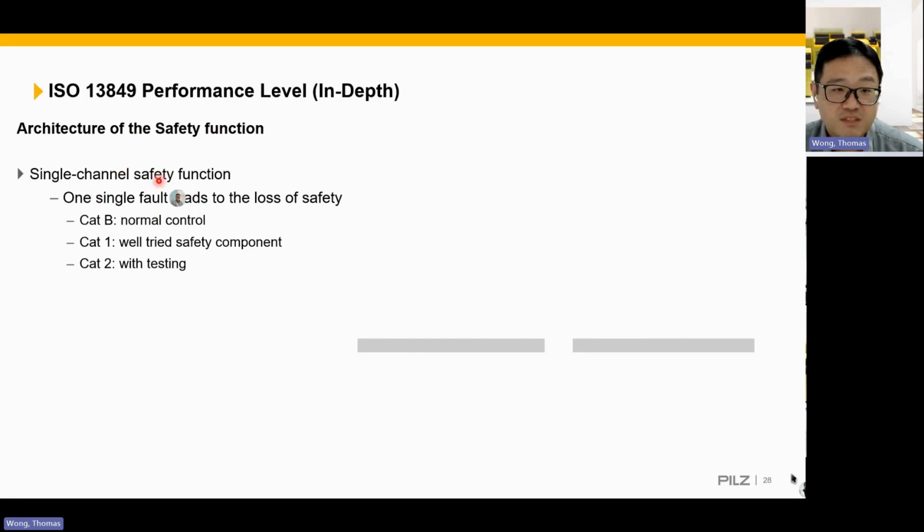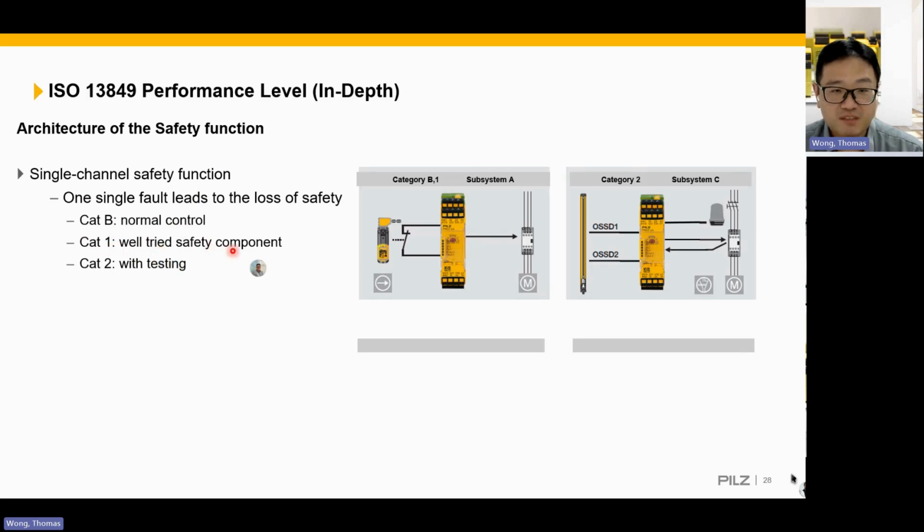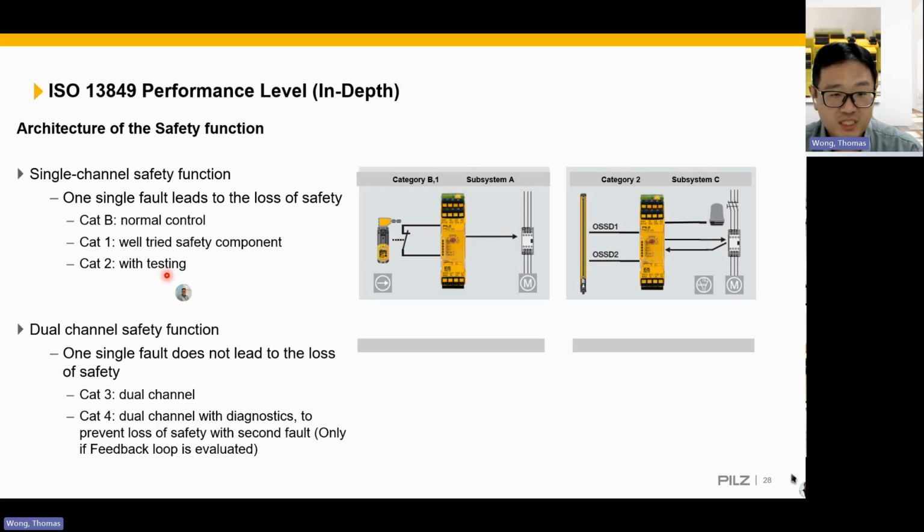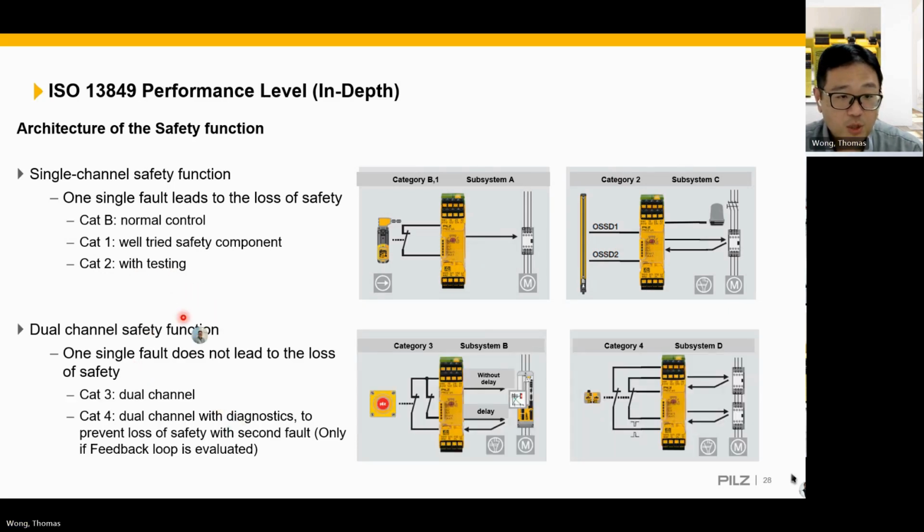For single channel safety functions, one single fault can lead to loss of safety. Cat B is normal control. Cat 1 is well-tried safety components. Cat 2 is with testing. This is one of the examples with single channel, B and 1, and then this is Cat 2 with testing. For a dual channel safety system, a single fault does not lead to the loss of safety.